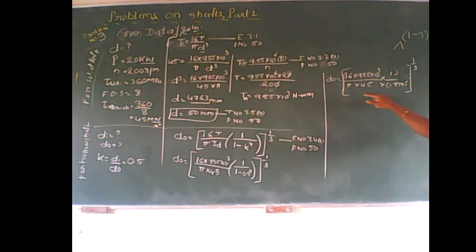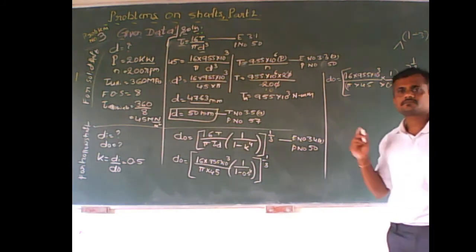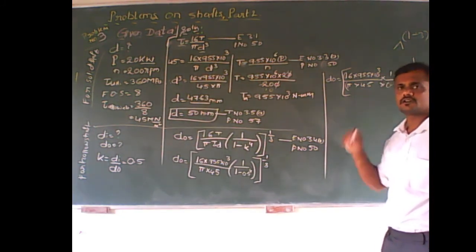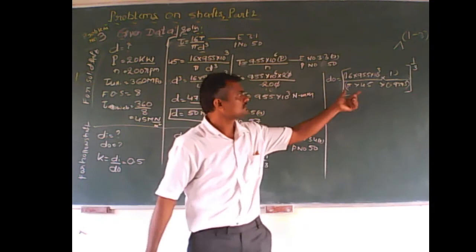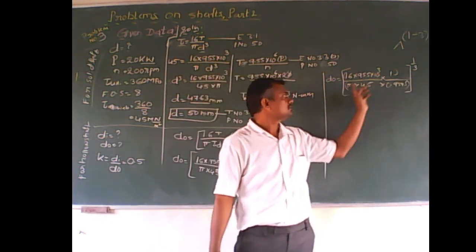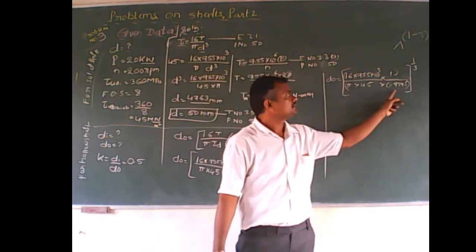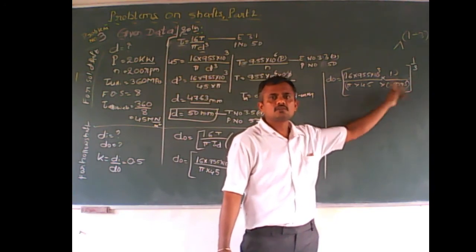Now you can substitute all these values. Make sure that after the divide button, you again open the bracket and close the bracket. Then only you will get a correct answer, or otherwise definitely the whole answer will be wrong. Understood? So after the divide button, you have to open, substitute these values and close the bracket.